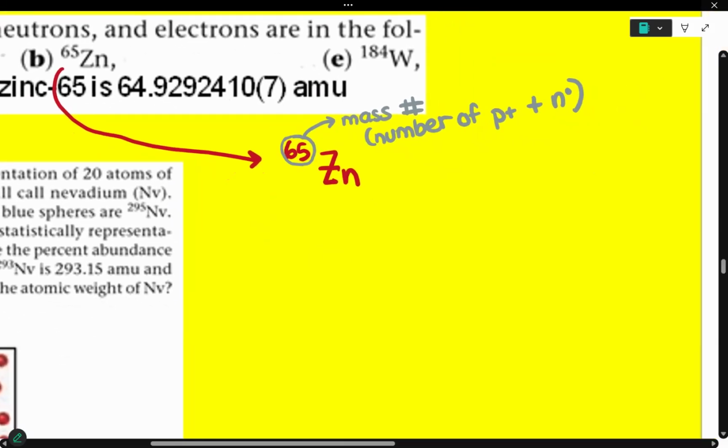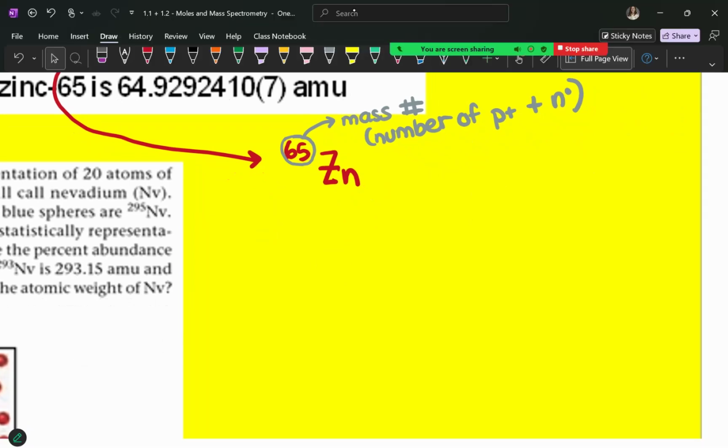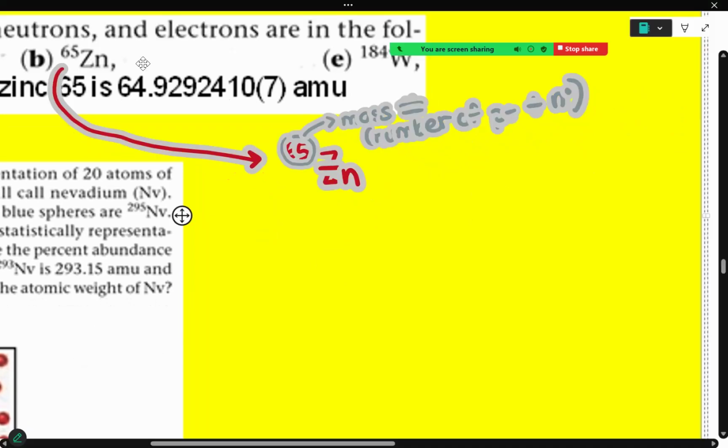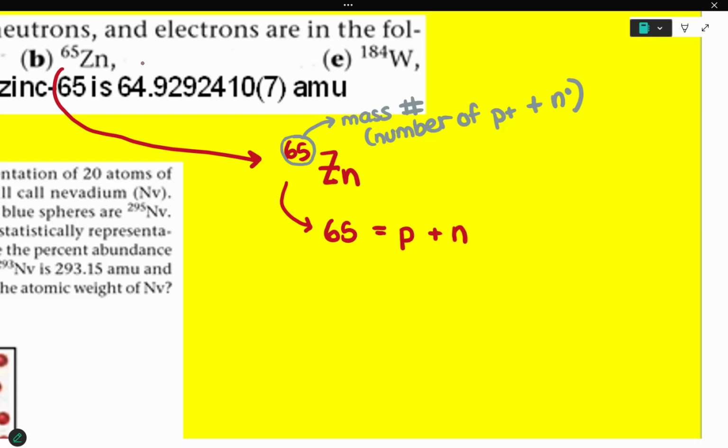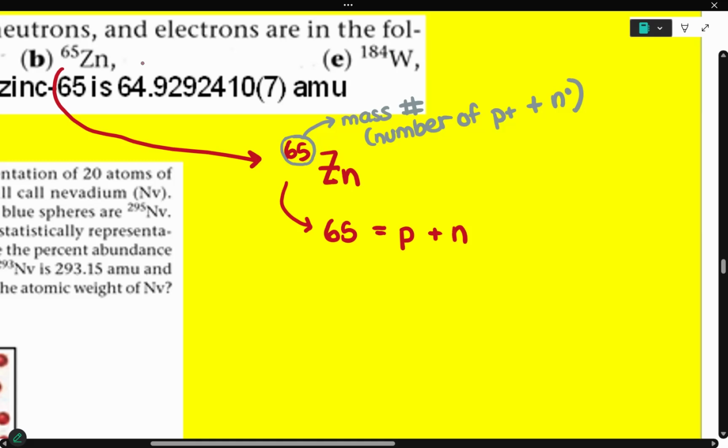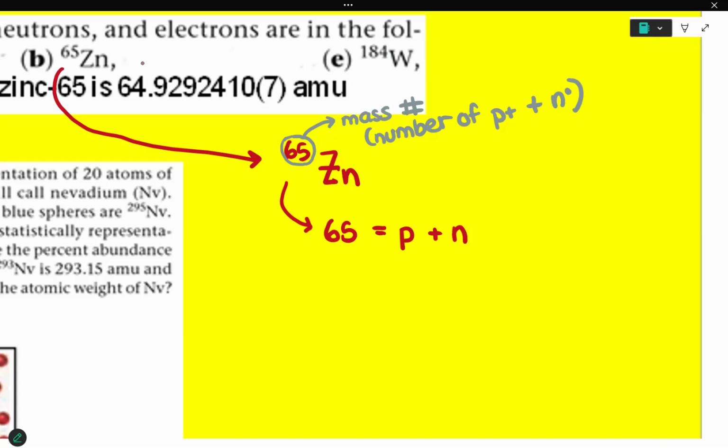So if we were to take a look at this, that tells us that this zinc isotope has 65 protons and neutrons added together. How do we figure out how many protons it has? Where can we look to find the number of protons in an element? Periodic table, atomic number, exactly.